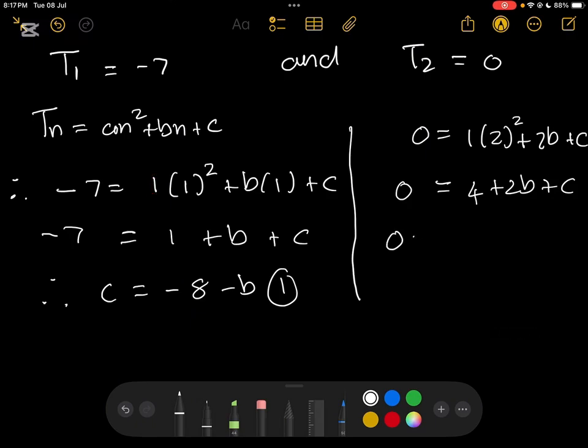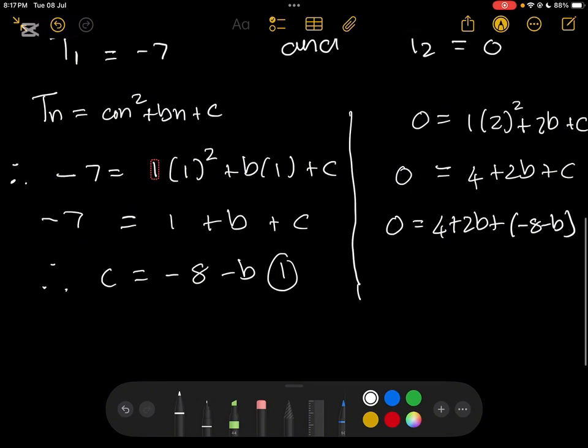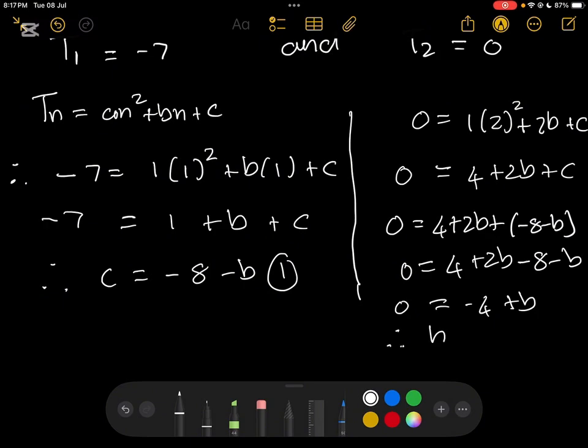So 0 is equal to 4 plus 2b plus, -8 minus b. If we simplify this, -4 plus b is equal to 0. Therefore, b is equal to 4.